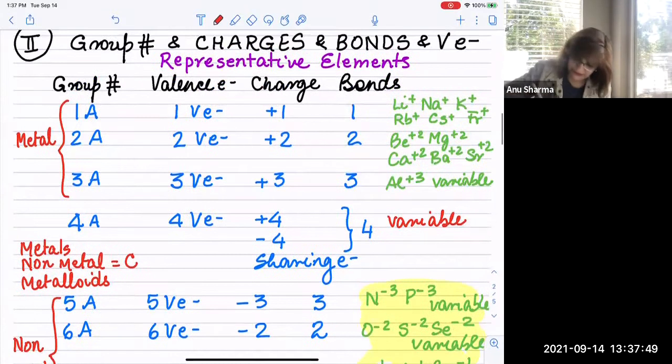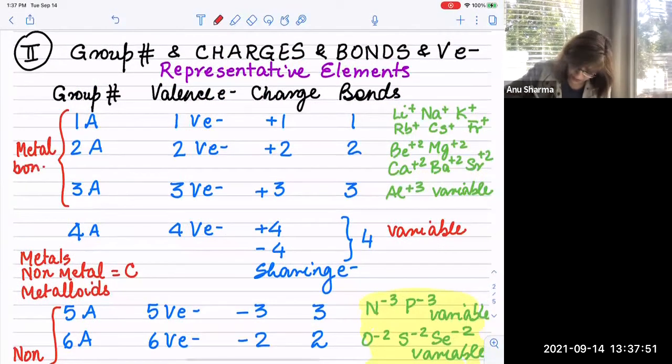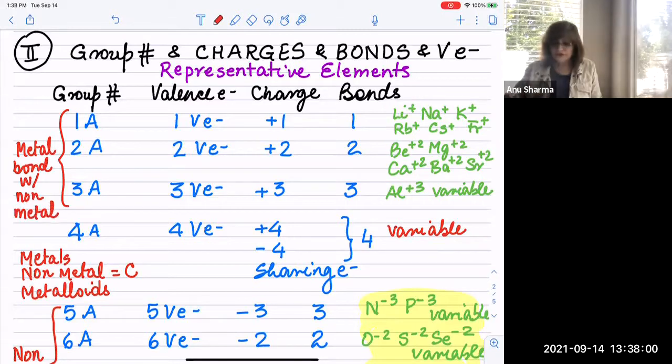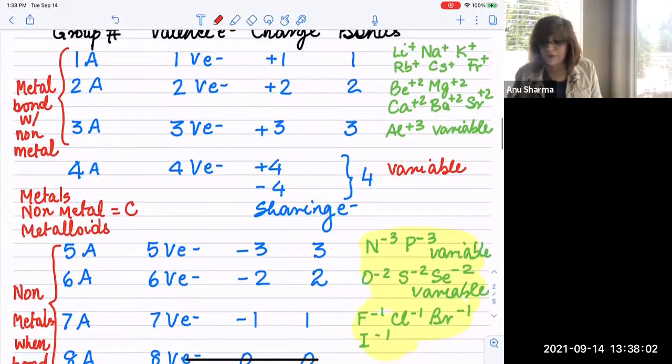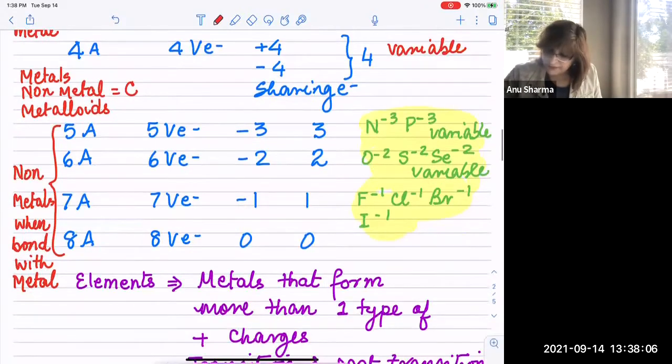Here, when the metals bond with non-metals, we are not looking at the polyatomic ions yet in this case. Okay, so in that case, they will form these charges. So these are when bonded to metals.